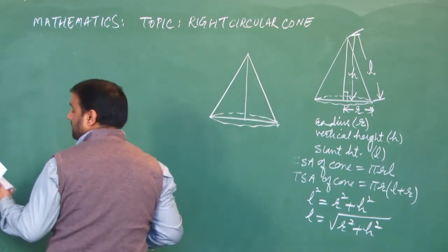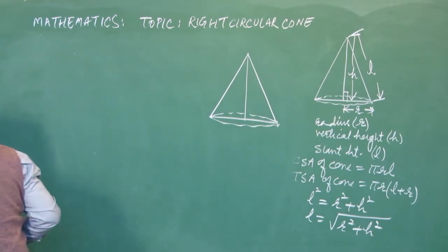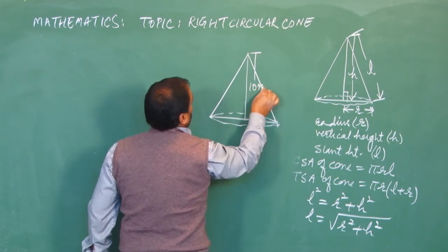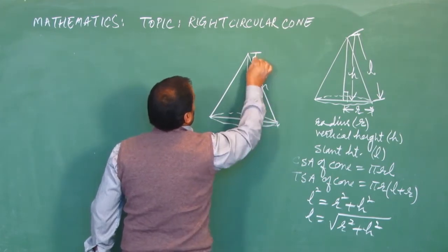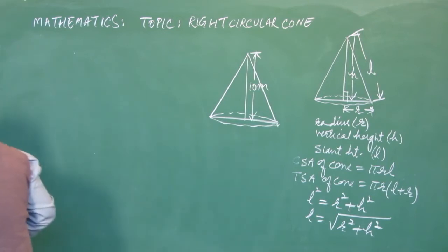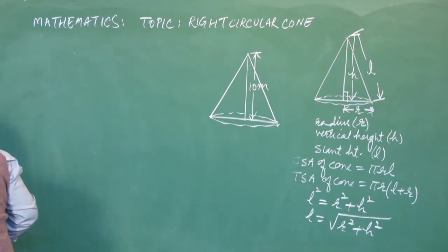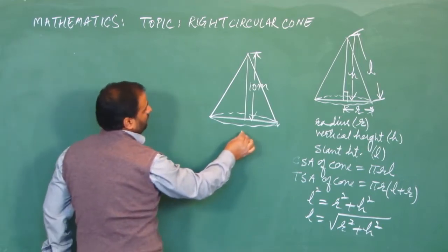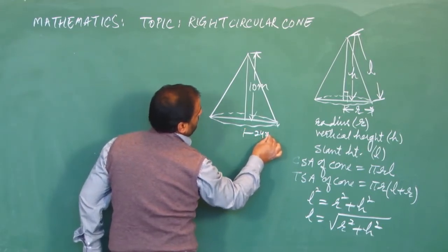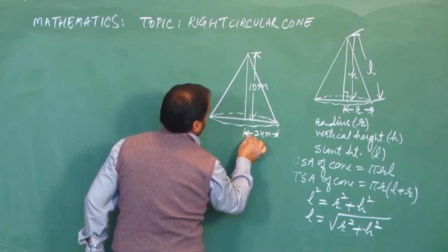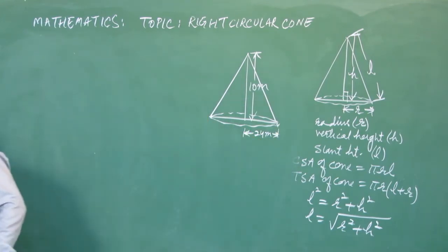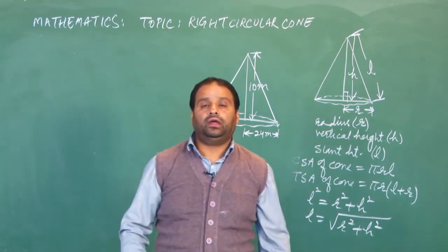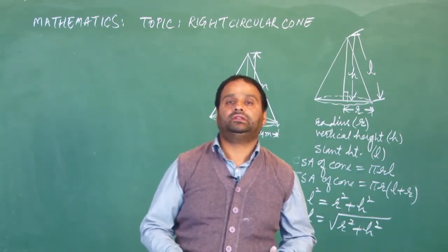In that conical tent, we are given its vertical height as 10 meters, and the radius of its base is 24 meters. We need to find its slant height and the cost of canvas for making that tent.